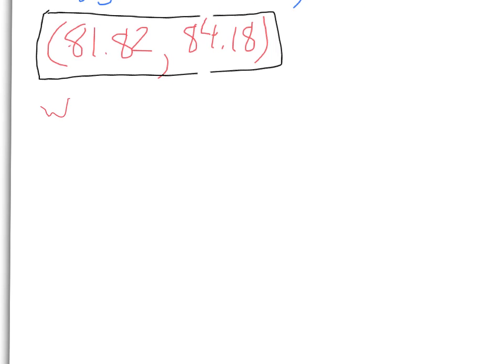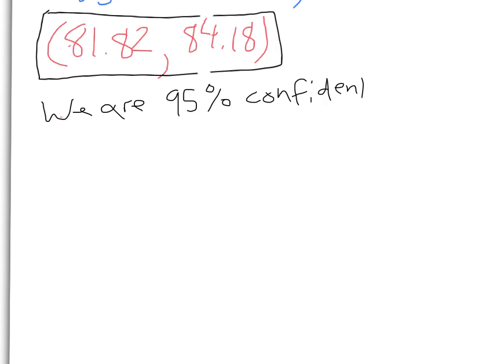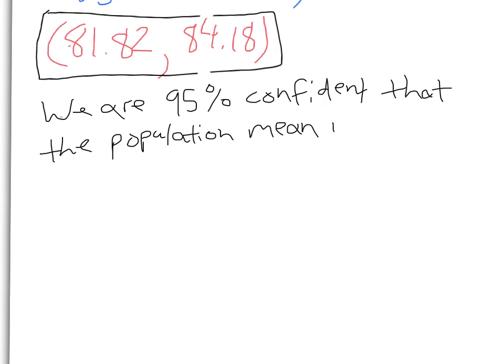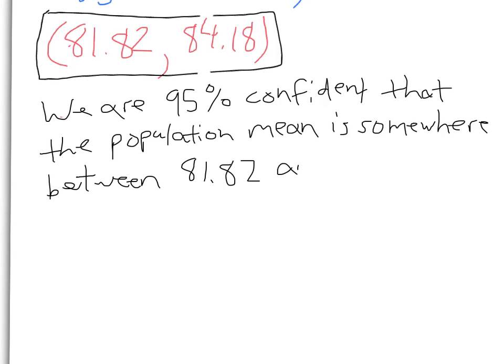We are 95% confident that the true population mean is somewhere between 81.82 and 84.18.